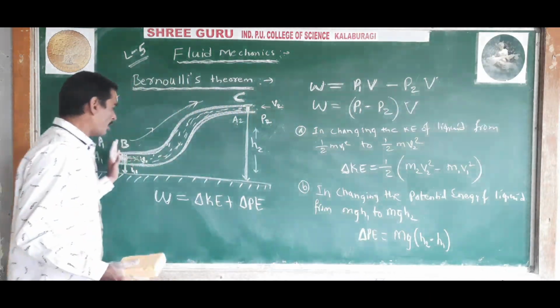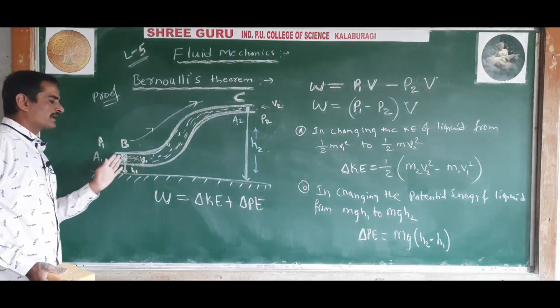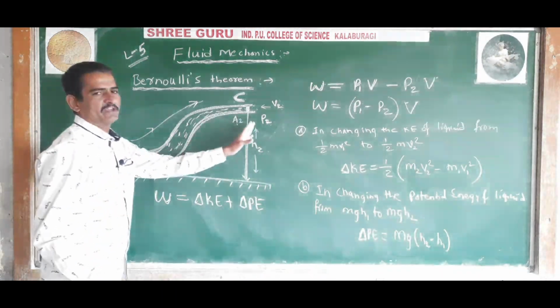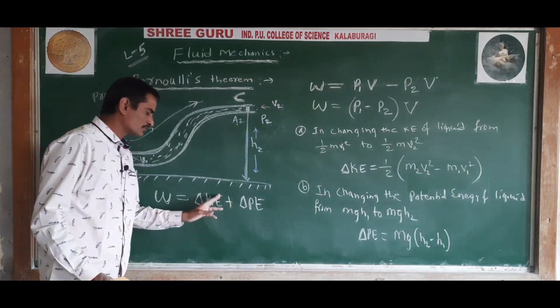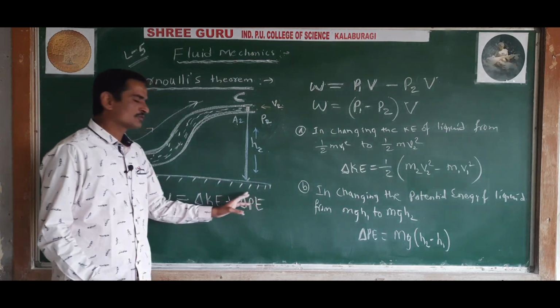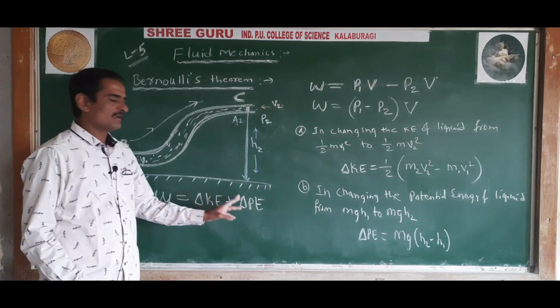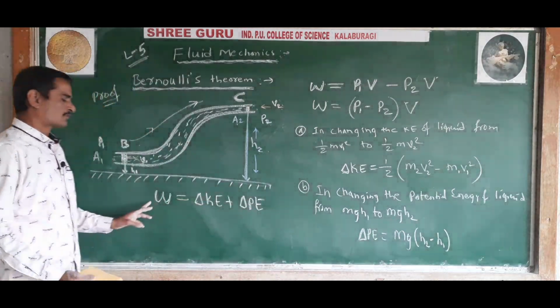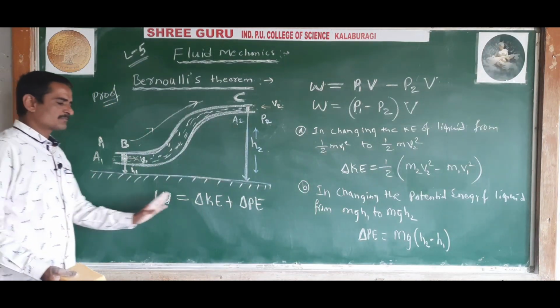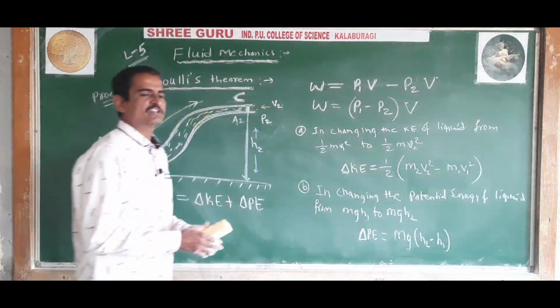So therefore, the work done in moving the liquid from the end B to C is used to change the kinetic energy and to change the potential energy. Therefore, work done must be equal to change in kinetic energy plus change in potential energy.